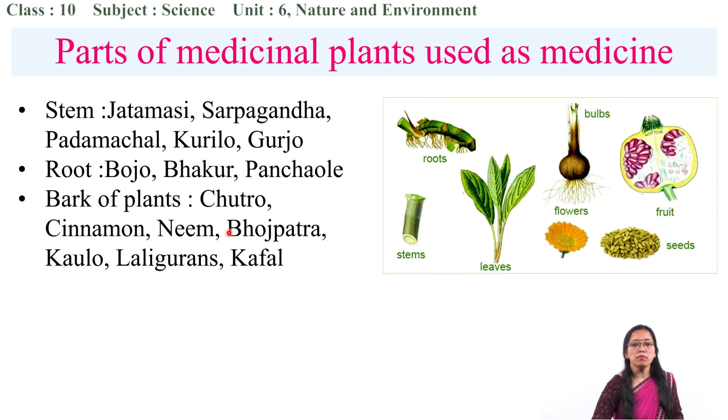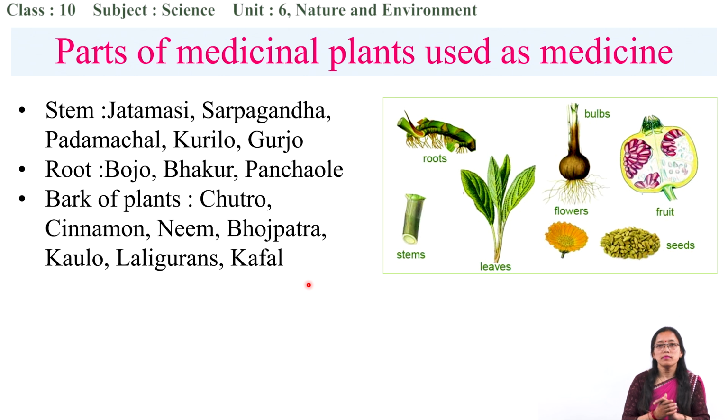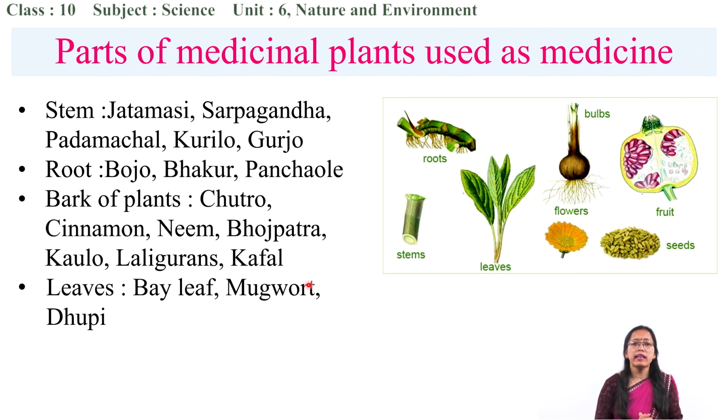We use some plants' bark to prepare medicine like chutro, cinnamon, neem, bhojpatra, kaulo, laliguras, kafal, etc. The bark of those plants is used for medicine. And similarly, leaves like bay leaf, mugwort, dhupi. These plants' leaves are used in Ayurvedic medicine.